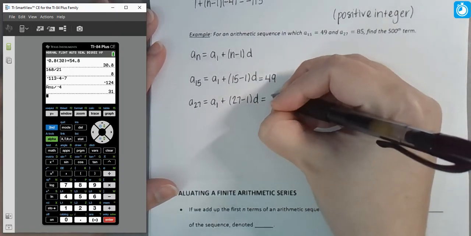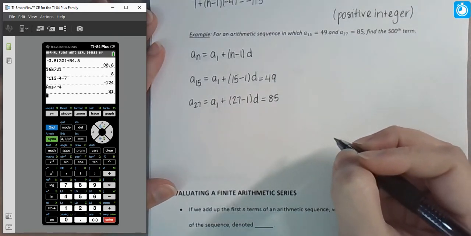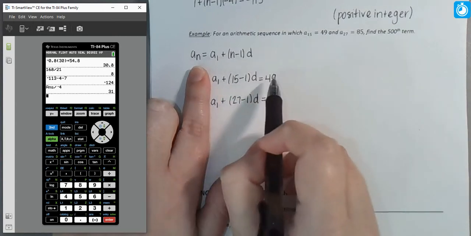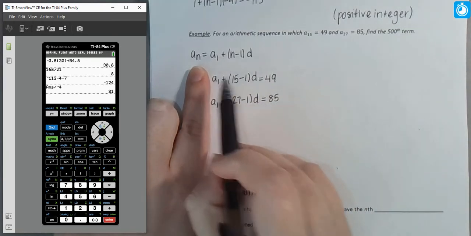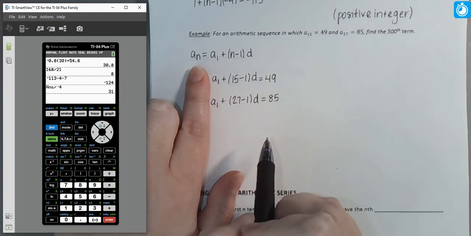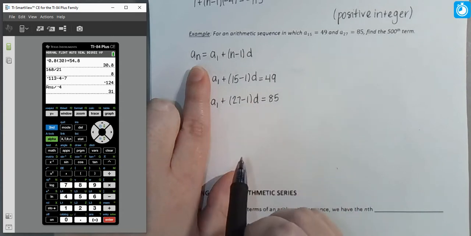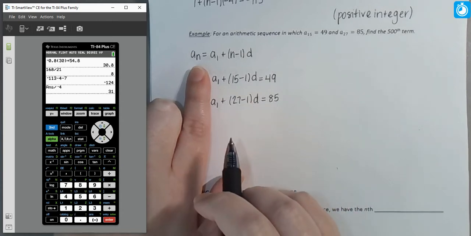And whatever all of that is, it evaluates to 85. And so what we now have is a system of equations. We have two equations, each containing two variables. And as long as we have two equations, we can solve for two variables. So now it's just a matter of solving that system of equations.